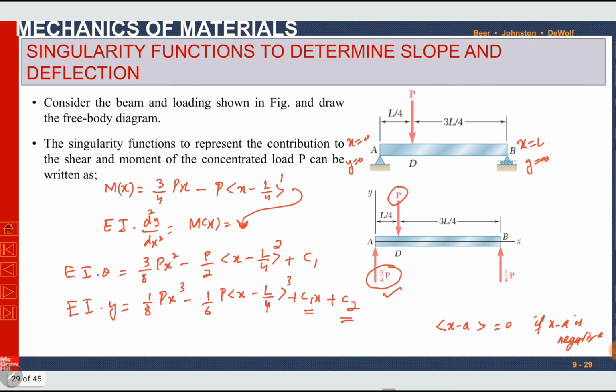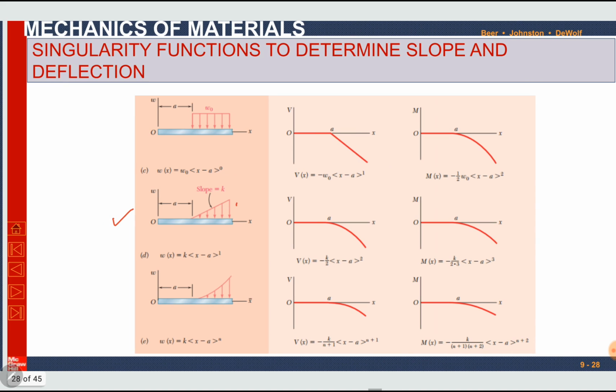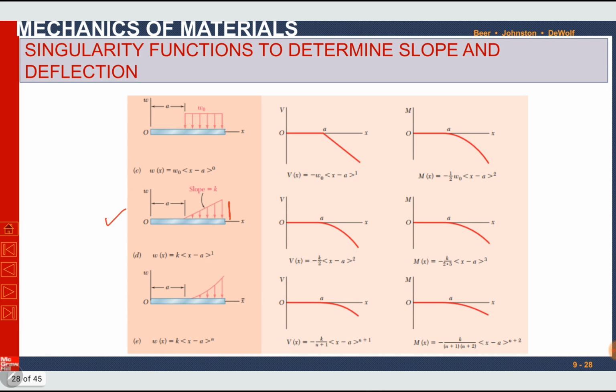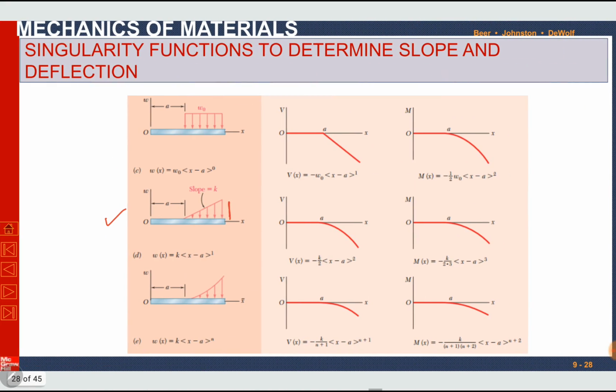Then if we use singularity tables, here is a triangular load case. The load must be maximum at the right end. This load here is maximum, and it is 0 towards the left side.